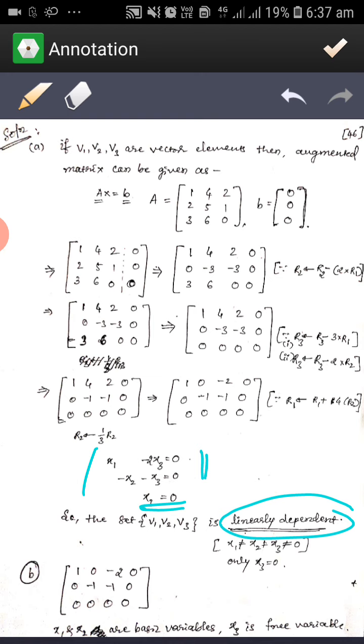If you have all the values as 0, then we can call the system independent.